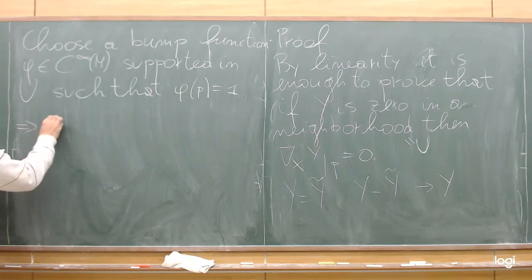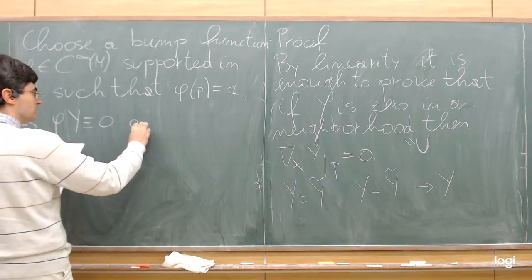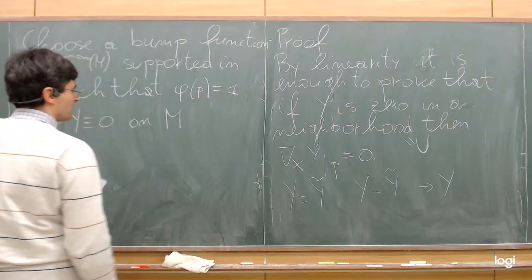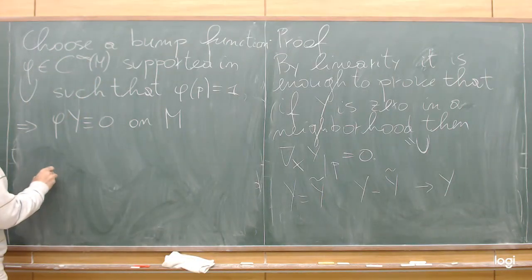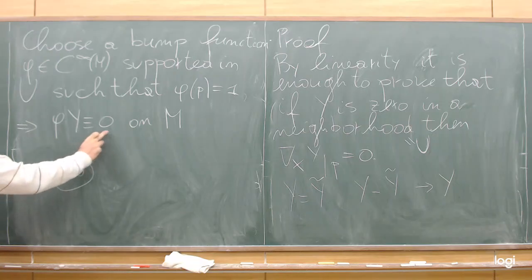This implies that φ times Y is identically 0 on M. Why? Because if this is U, we have that Y is 0 here, and φ is 0 outside U. So the product is 0 everywhere.